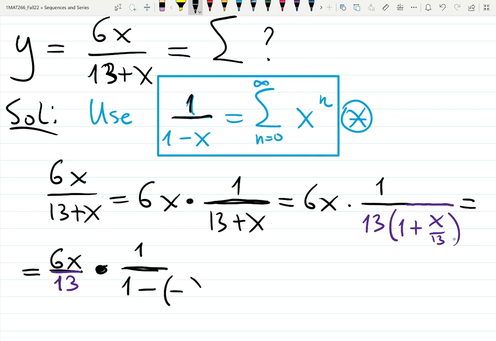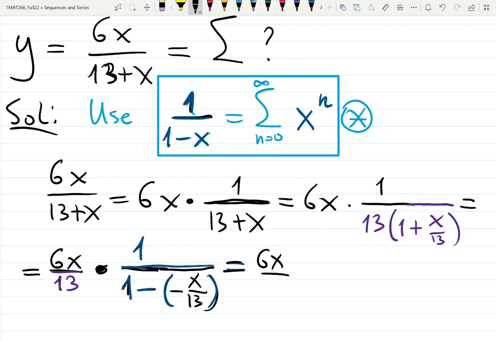Minus negative. That's the common one we did many times. Now we're ready to use the formula. Let's check again. I'm saying it out loud, that's the best way to figure it out. 1 over 1 minus input equals the sum of input to the n. Do I have that? 1 over 1 minus input. Yes, I have that. Let's do it.